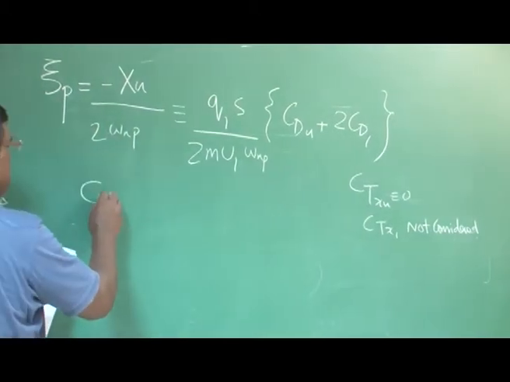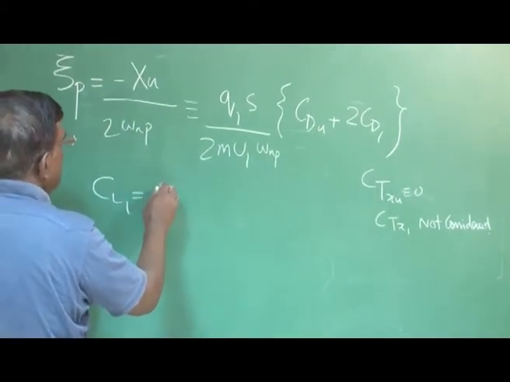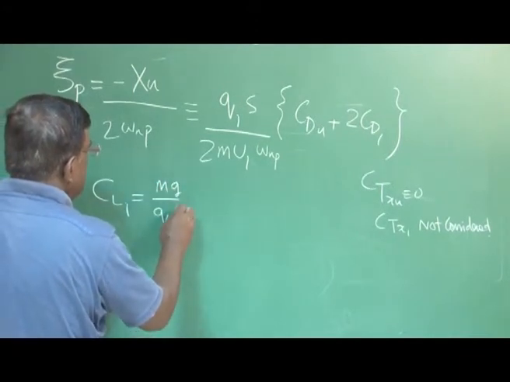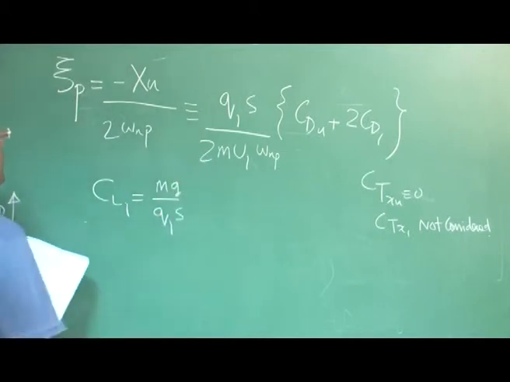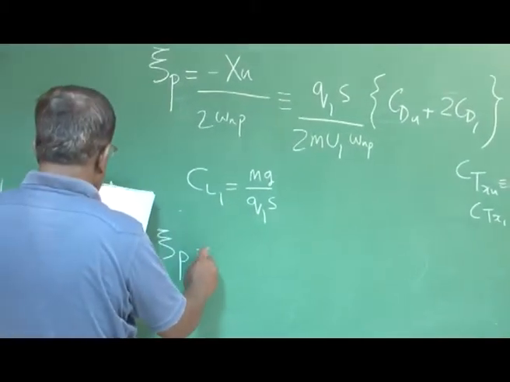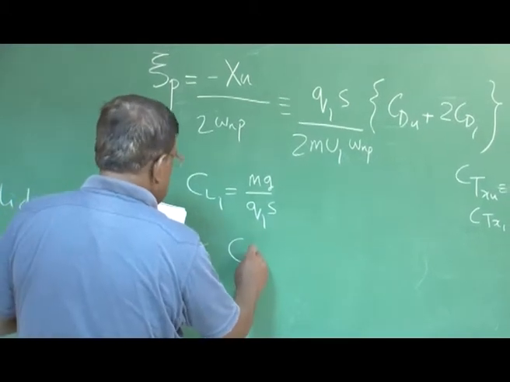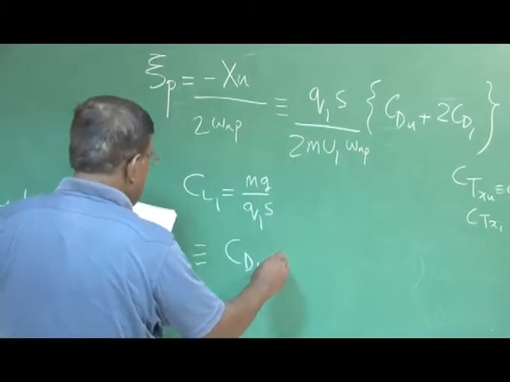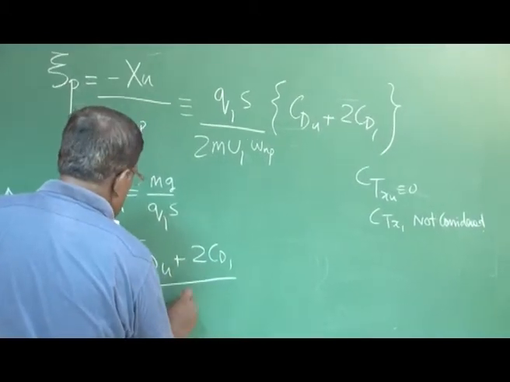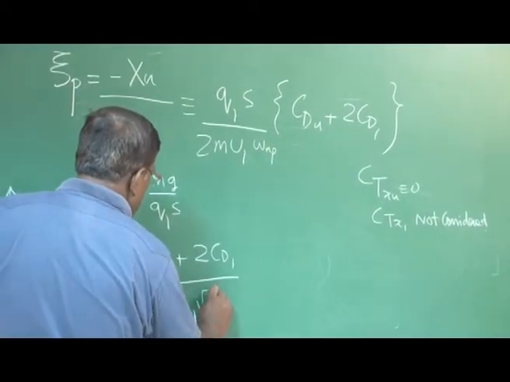Again, we will be using this concept CL1 is mg by Q1s, and set it inside the expression of omega np also, and then we can easily show if I substitute this, zeta p approximately will come as CDU plus 2 CD1 by 2 CL1 root 2.